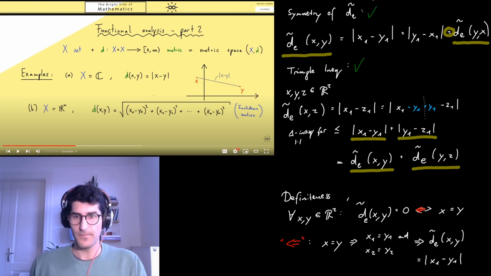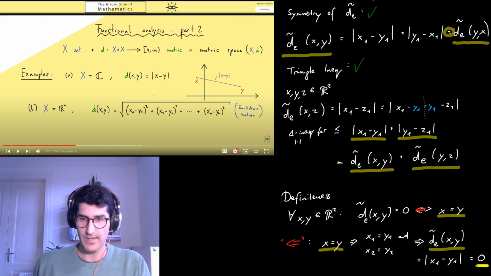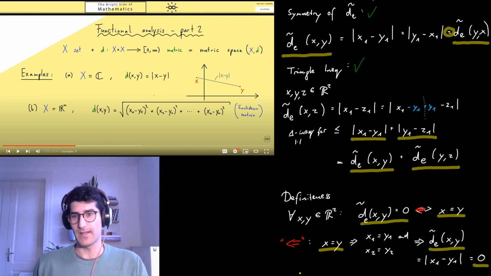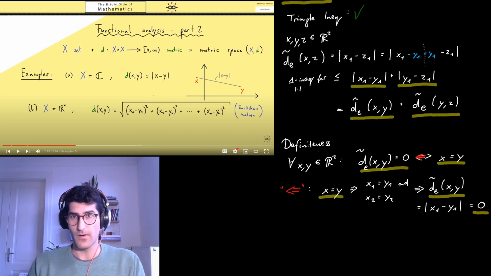But as we saw, x1 equals y1, therefore x1 minus y1 equals 0. So we have shown that if x equals y, then also dE tilde of x and y equals 0. So the left hand side here. All right, what about the other direction? Does the other implication also hold?